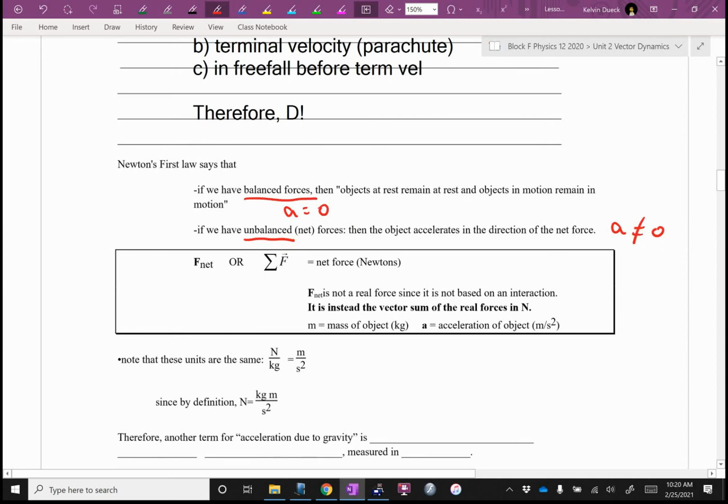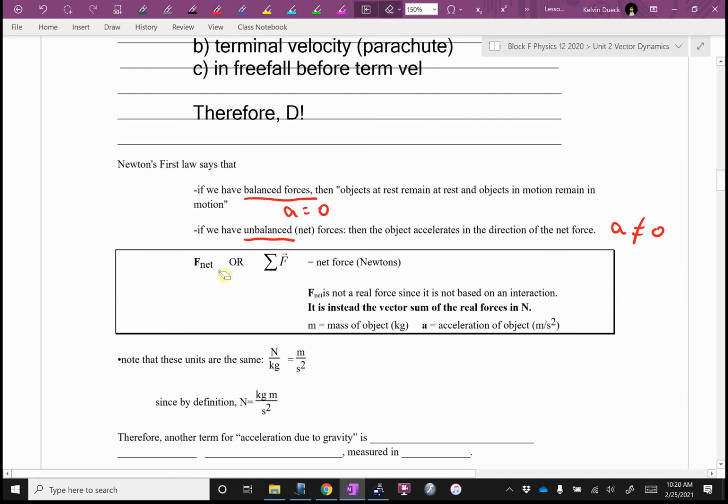If a is not 0, forces cannot be balanced. If a is 0, forces must be balanced. They must cancel out. Now, more and more, instead of balanced, you're going to hear me say the net force is 0. Because that's really what we're saying.